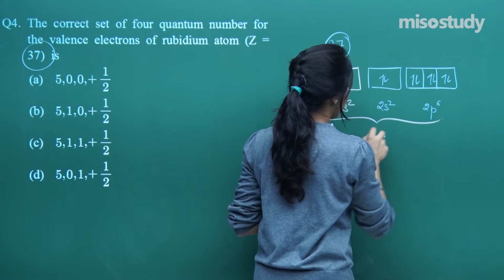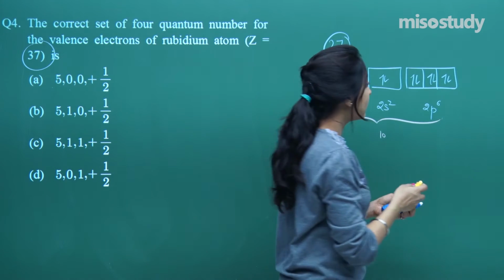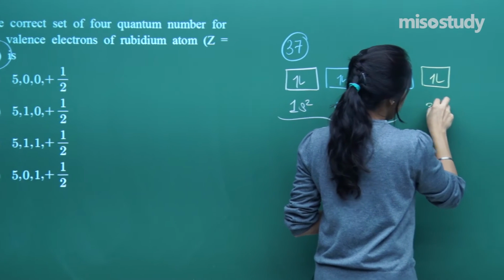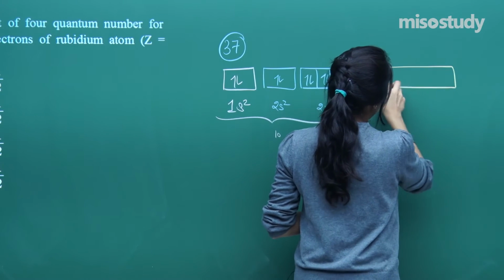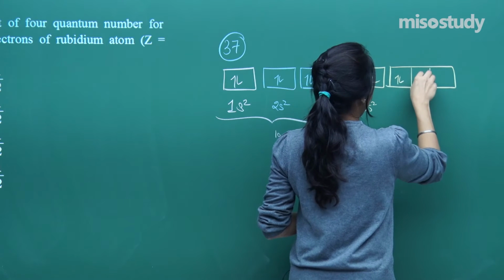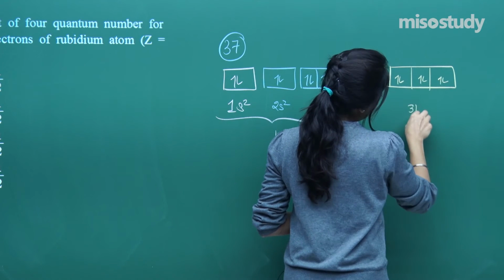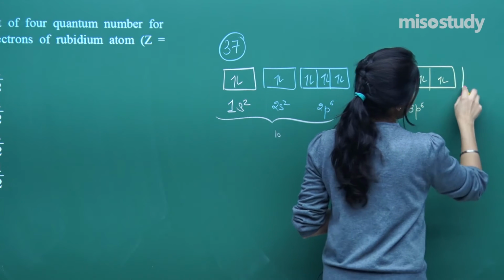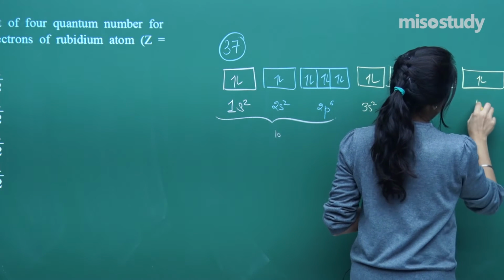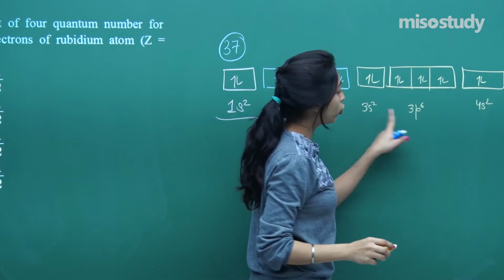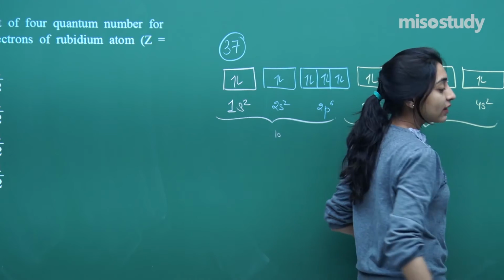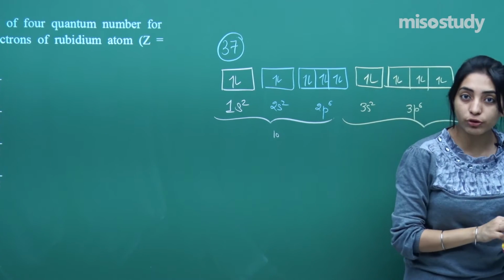We are done with 10. So 1s2, 2s2, 2p6, then we have 3s2, then 3p6, after 3p6 we have 4s2. So 2 plus 6, 8 plus 2, 10. So 1s2, 2s2, 2p6, 3s2, 3p6, 4s2.